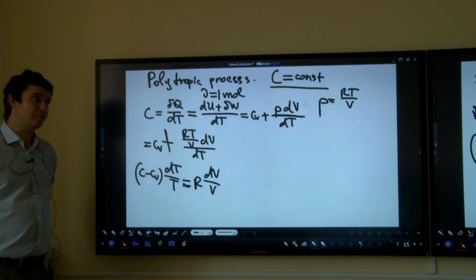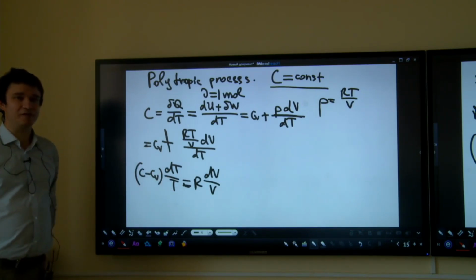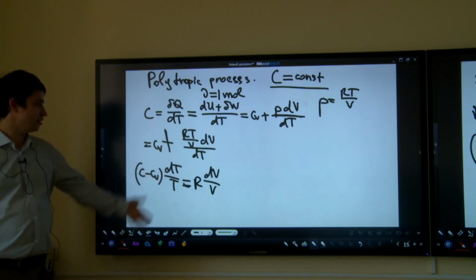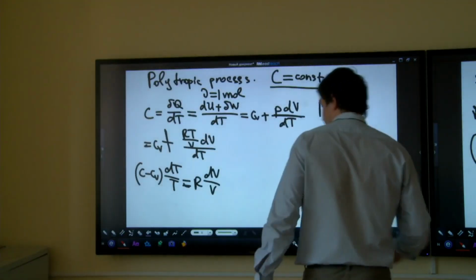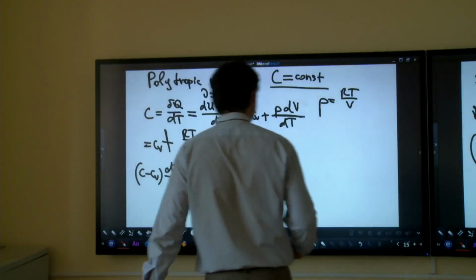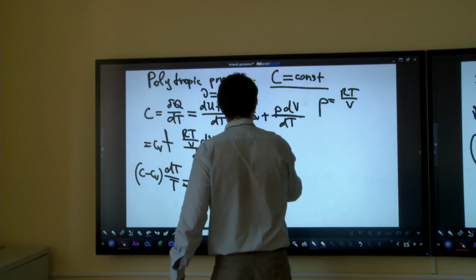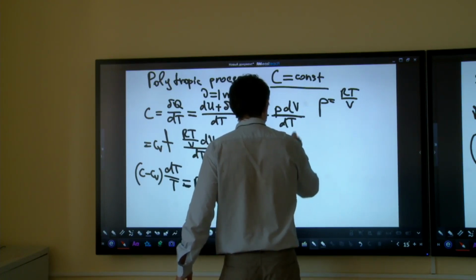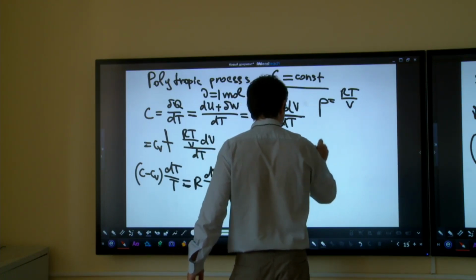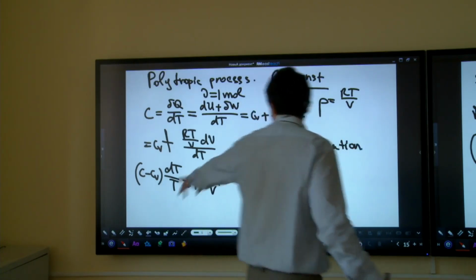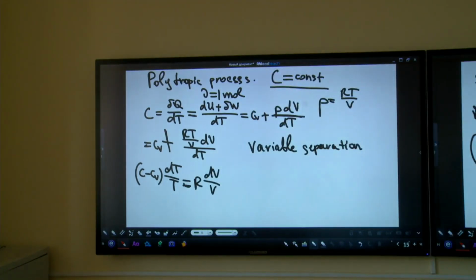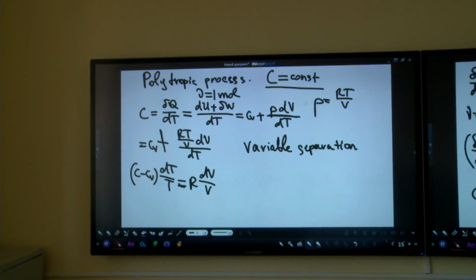We are about half a year before you start differential equations, but we need to solve this somehow. For the solution, this is called variable separation. And now we can integrate this equation.